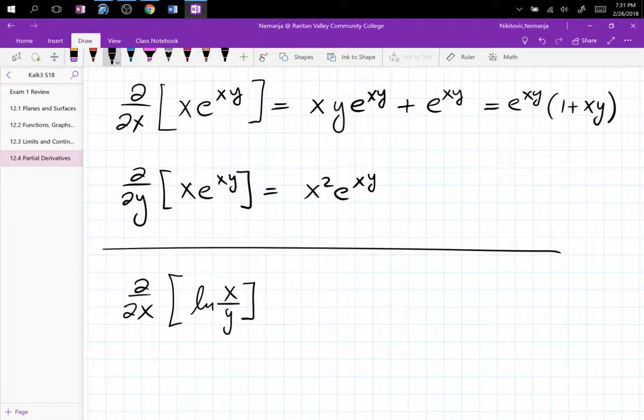Beautiful question. And then we're going to do also partial of y when you're done with x.